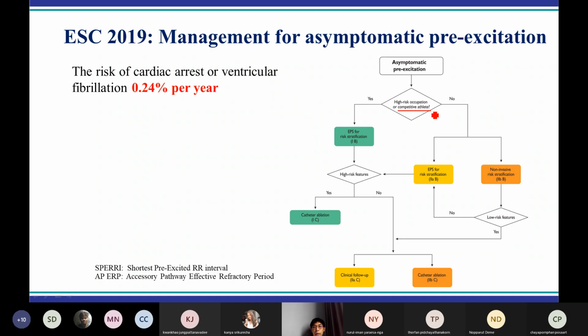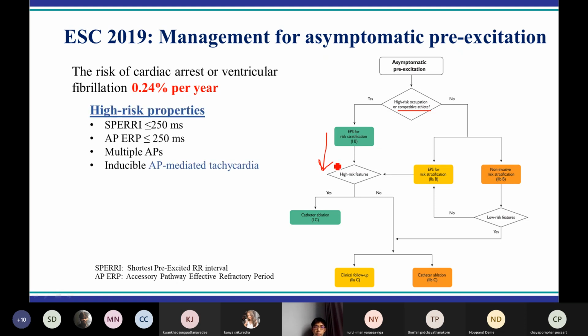If the patient has these occupations, we would go for an EPS, or electrophysiologic study, to stratify the risk, to see if the accessory pathway has any high-risk feature or not. If the pathway has a high-risk feature, we would go on to eliminate the pathway.